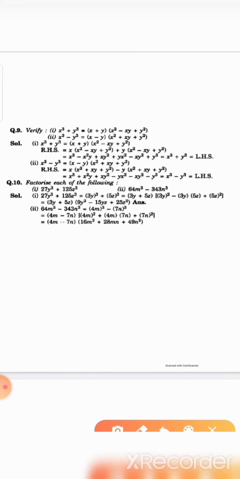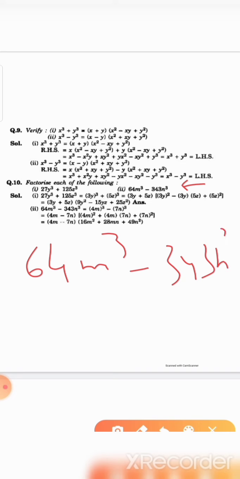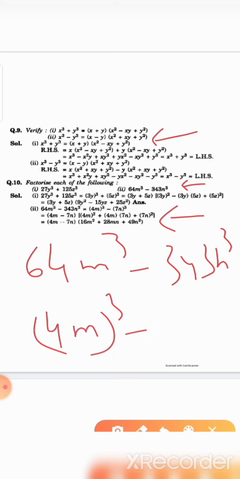The second question is 64m cube minus 343n cube. It looks like the second identity in question number 9, which we verified: a cube minus b cube is given by (a minus b) and the second bracket (a square plus ab plus b square). So using this identity in the second question, first we write 64m cube as (4m) whole cube and 343n cube as (7n) whole cube.